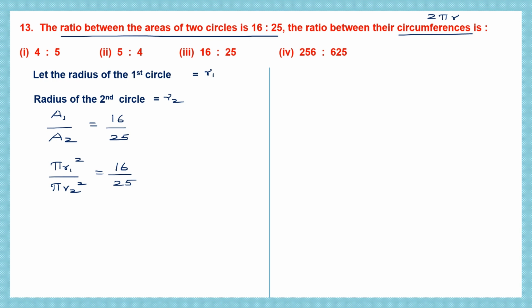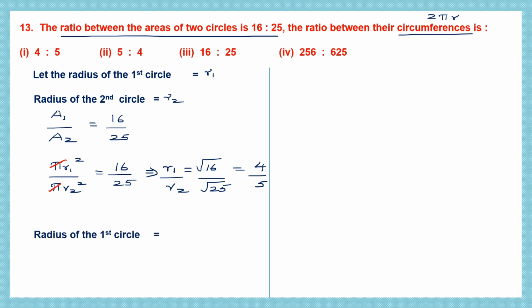Now here we can cancel the pi's. So when you cancel that, what do we have? r1 square is 16 and r2 square is 25. That means if we have to find r1, it's the square root of 16, and to find r2, that will be the square root of 25. So the square root of 16 is 4 and the square root of 25 is 5.